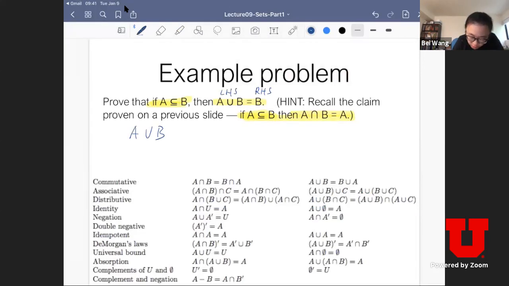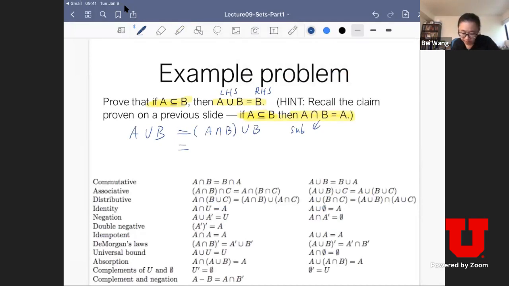Then I'm going to substitute A by A intersect B. Okay, so now what do I have? I have A intersect B union B. This is by substitution of this property here.